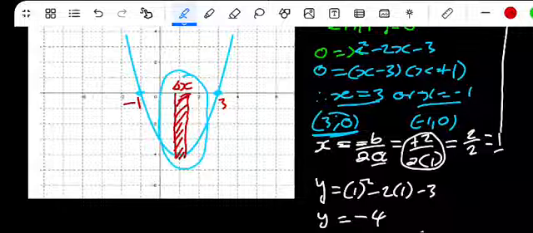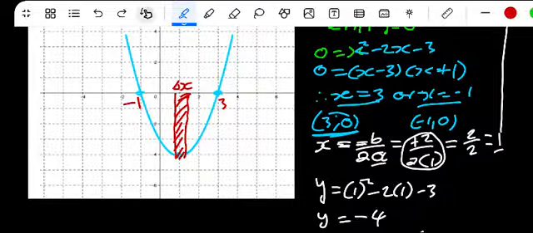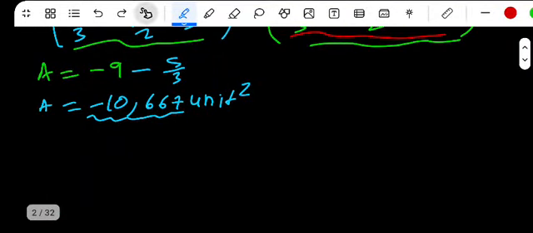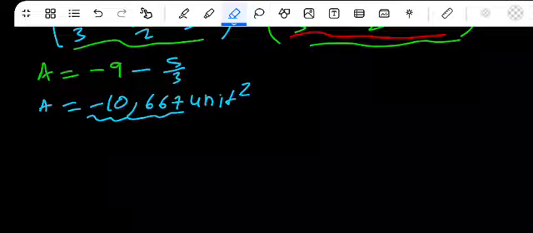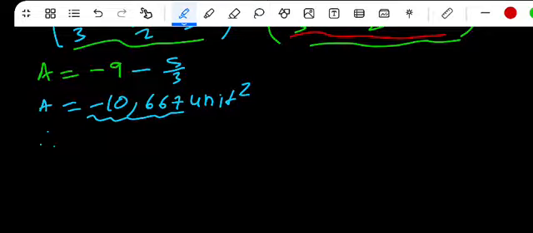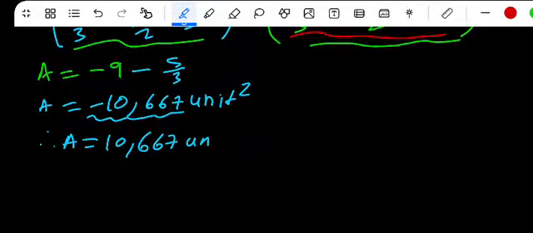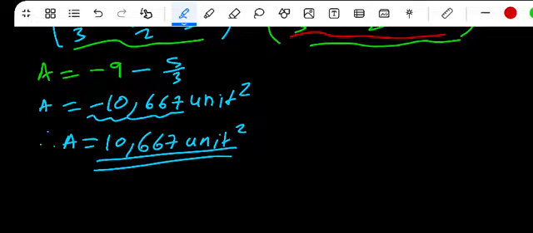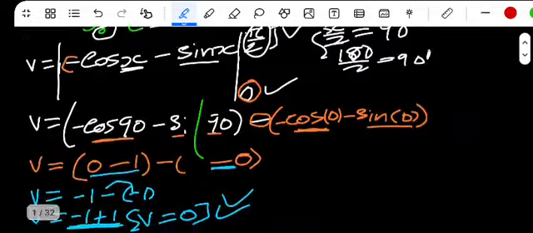So therefore your area must become positive, 10.667 units squared. This is your area there. All right, are we together?